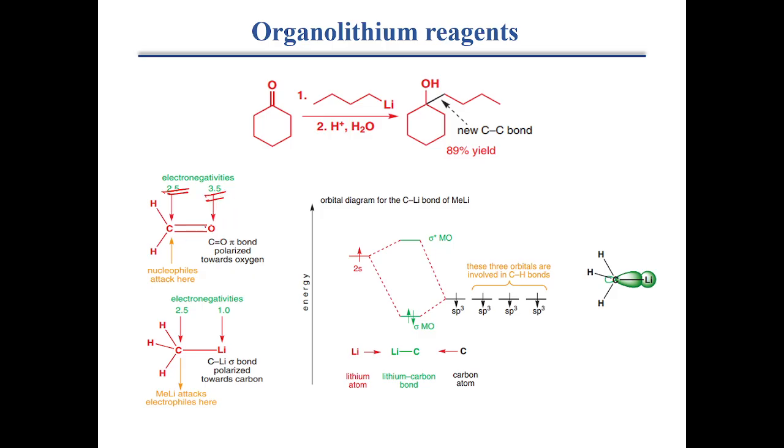So oxygen is more electronegative and pulls the electron from carbon to oxygen. The dipole moment occurs from carbon to oxygen, so this carbon is electrophilic. Here, a nucleophile attacks this carbon center.